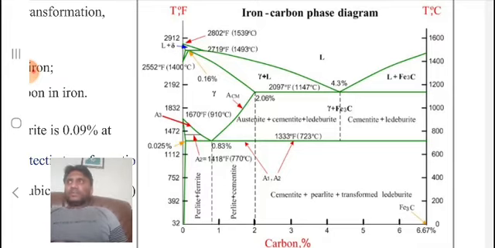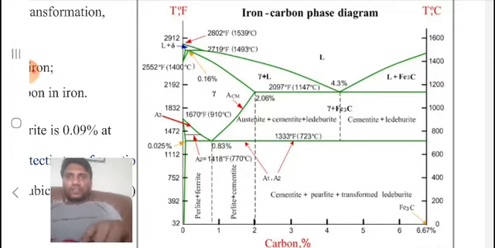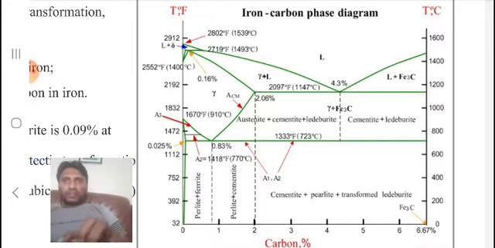To simplify further study of the iron carbon diagram, we shall ignore the top part of the diagram, and we will be discussing the other portion of the diagram, that is the austenite region and ferrite region, and at room temperature the perlite plus ferrite region, the hypoeutectoid steel region and the hypereutectoid steel region.